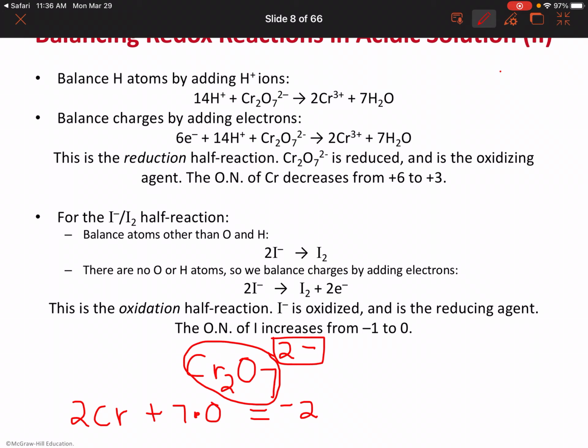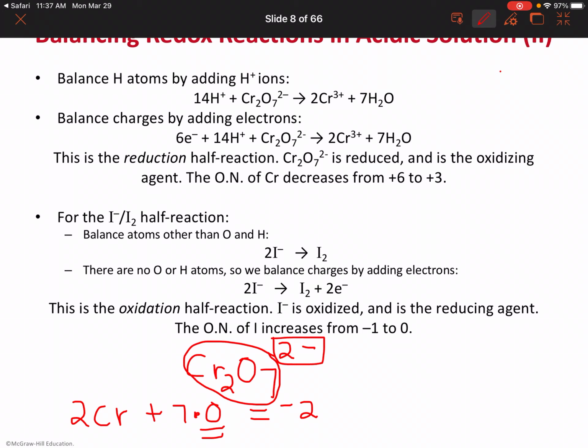The charges of chromium and oxygen when added up have to equal -2. We know the charge of oxygen is -2 unless it is in a peroxide. This is not a peroxide. In peroxides, the oxygen charge is -1. In all the other compounds, oxygen is -2.